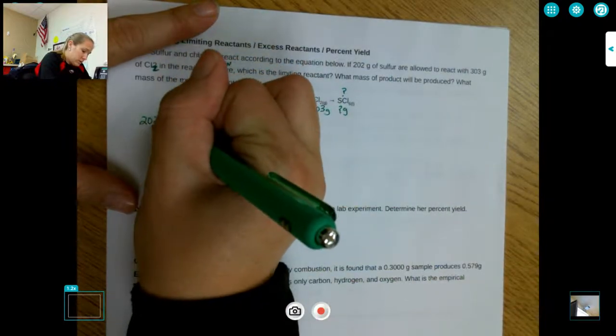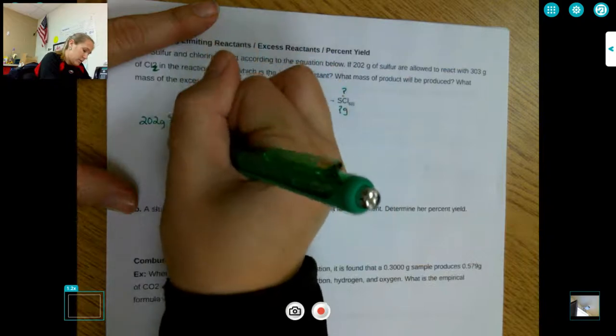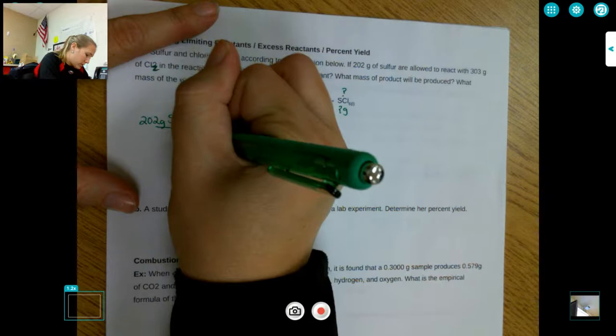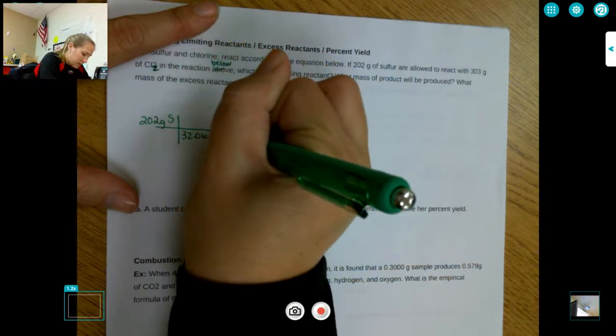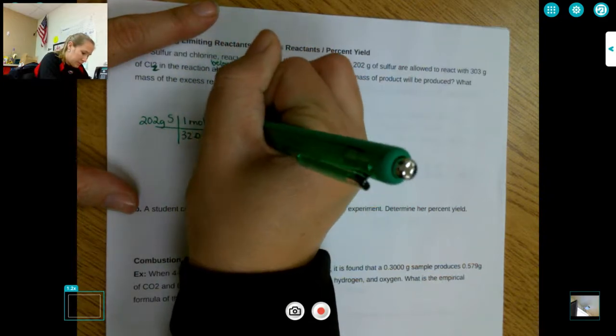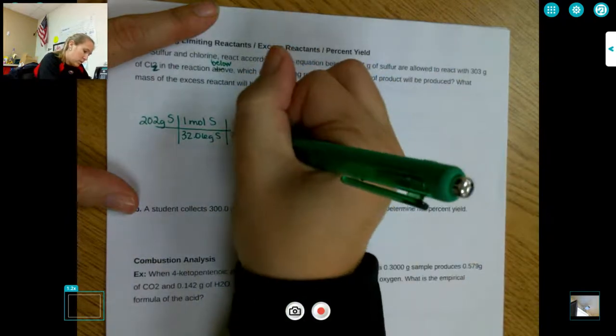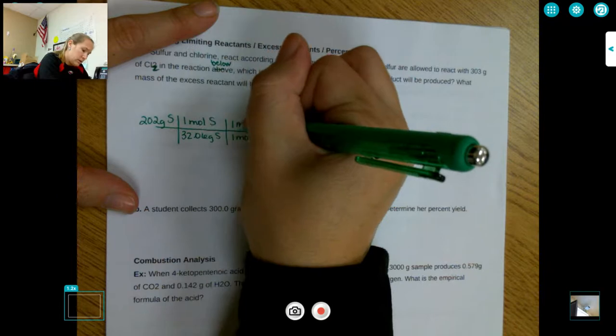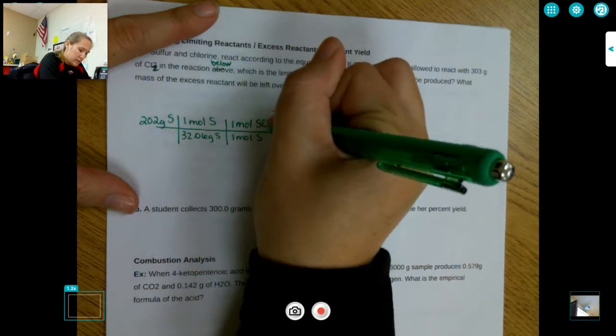So 202 grams sulfur. Sulfur is 32.06 grams per 1 mole. Moles to moles, there's 1 mole of sulfur for every 1 mole of sulfur hexachloride.